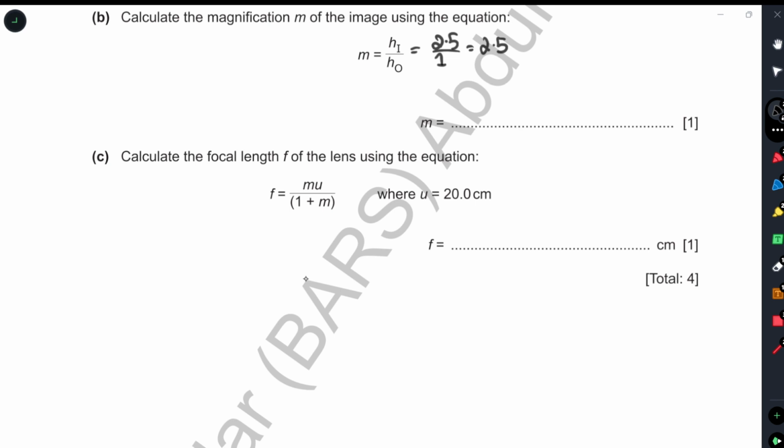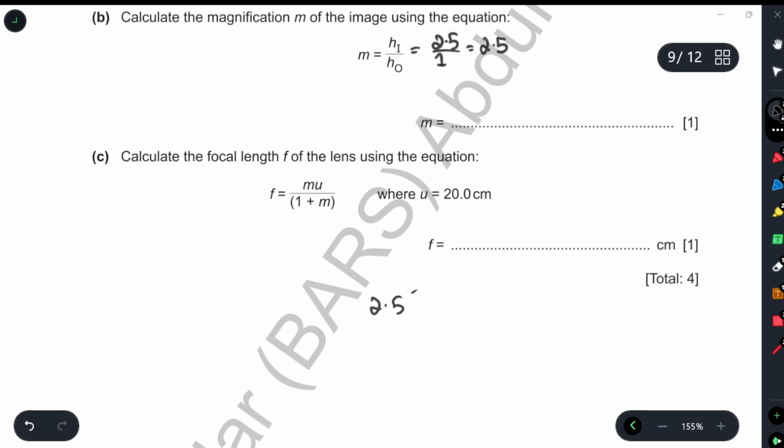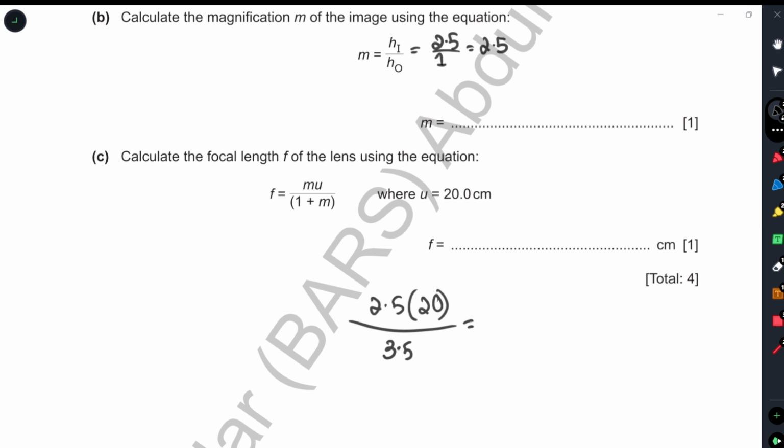So we can easily do that. M magnification हमने 2.5 निकाल दी, times 20 divided by 3.5 हो जाएगा, which is 1 plus 2.5. So this right here is going to become what? 50 divided by 3.5. So that should be somewhere in the vicinity of 14 point something. So 14.4 if I'm not wrong.